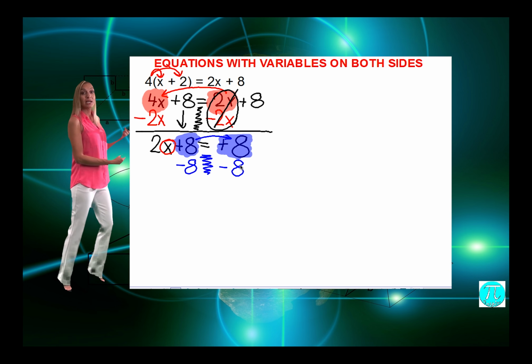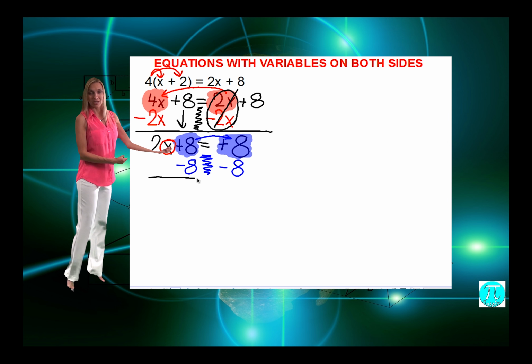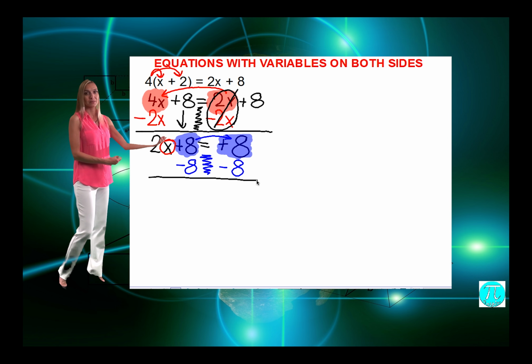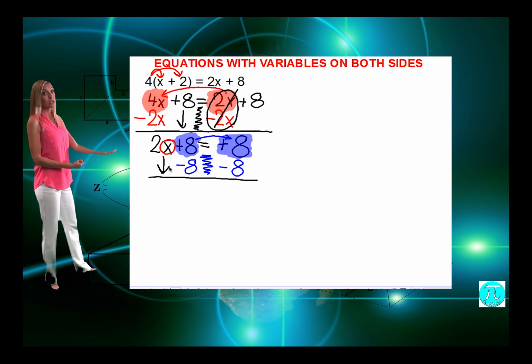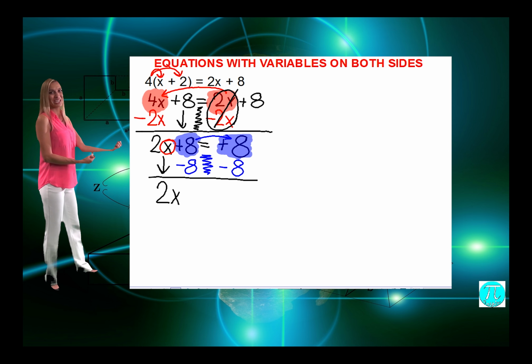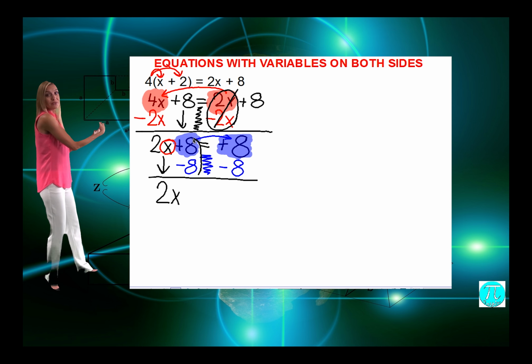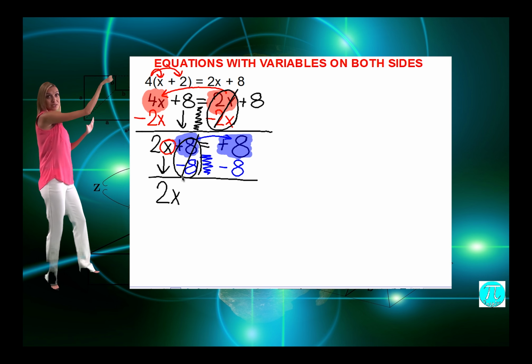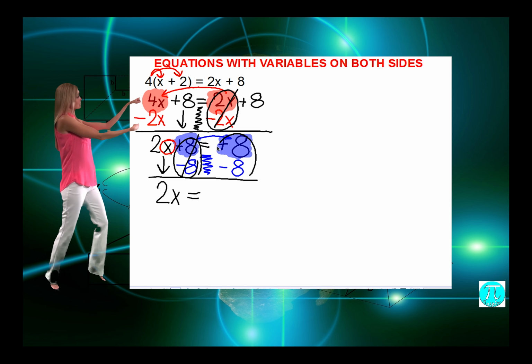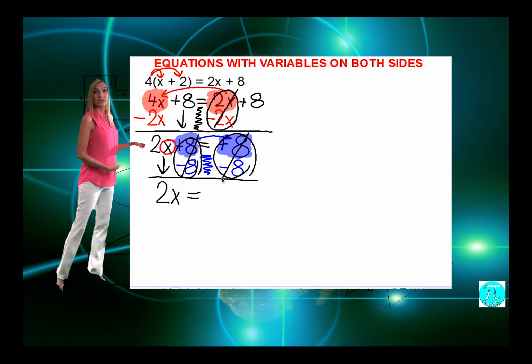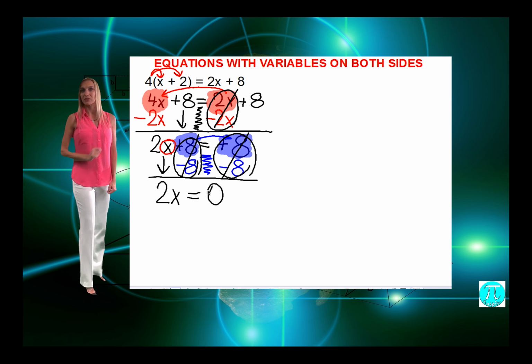What we do on one side, we'll do on the other side of the equal sign, right? Minus 8 minus 8. The 2x we did not touch yet. It's still in there. Plus 8 minus 8, that is a 0, right? So the 8 is gone from the left side. It moved to the other side. We have our equal sign, and positive 8 minus 8 is also a 0. Now we have 2 times x equals a 0.